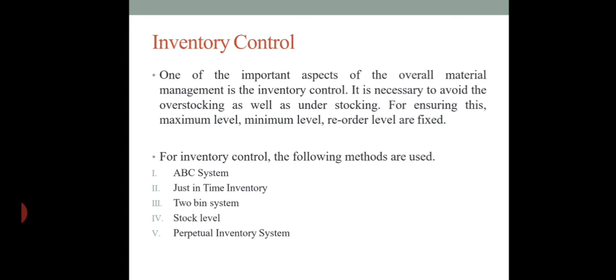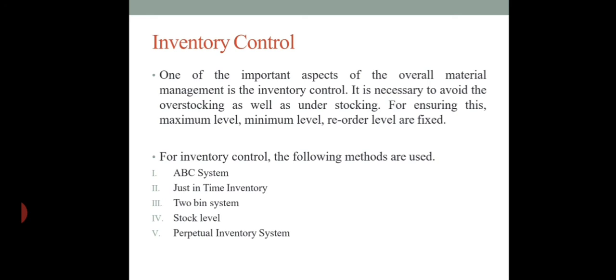And the next is inventory control. Inventory means nothing but the stock. One of the important aspects of overall material management is inventory control, the stock control. Stock control avoids overstocking and helps to maintain the levels of stock with the help of material control.